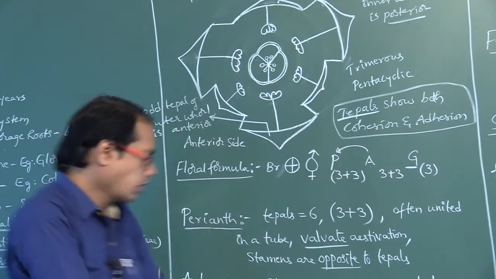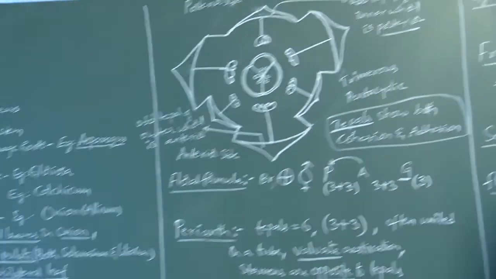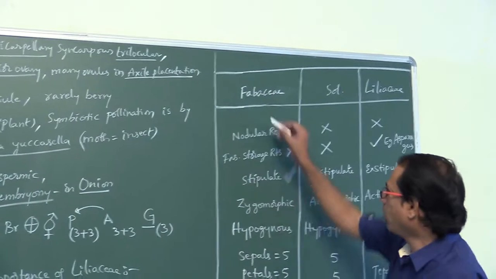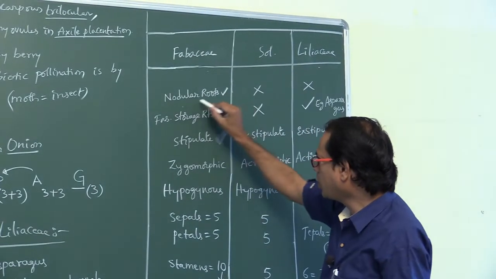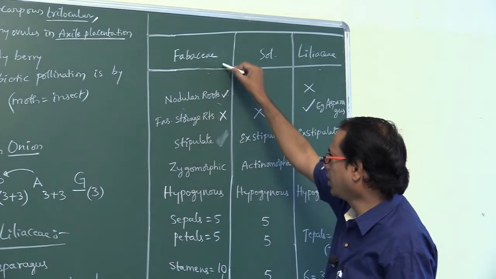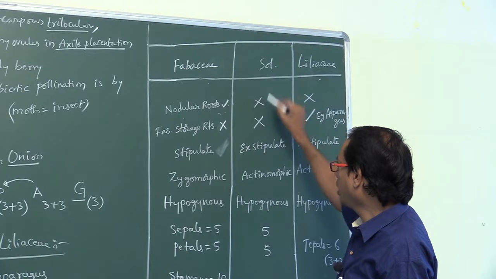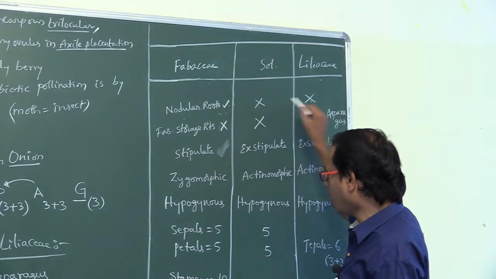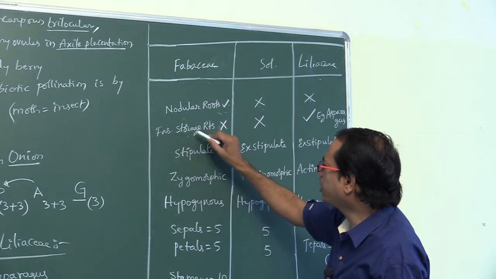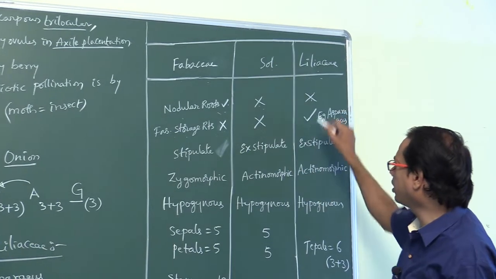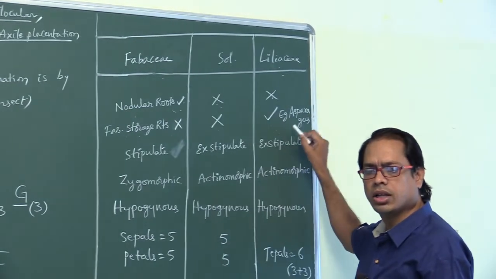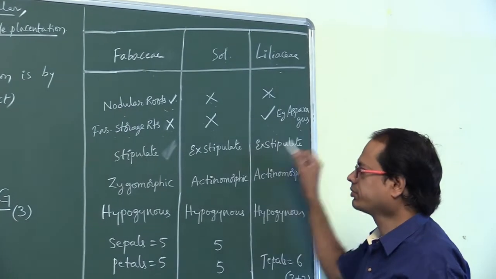Okay. Now look here, my dear students. I have a comparison among these 3 families: Fabaceae, Solanaceae, Liliaceae. Nodular roots are found in Fabaceae. In Solanaceae and Liliaceae, nodular roots are absent. Fasciculated storage roots are absent, present only in Liliaceae, for example asparagus.